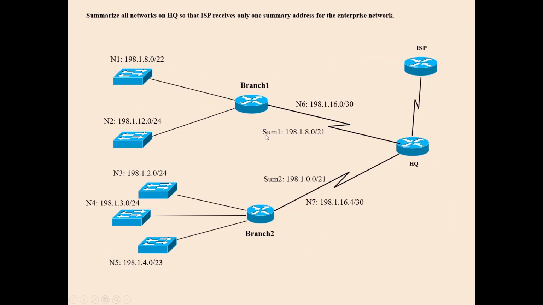Let's look at the summarization on HQ. HQ receives 2 summaries, one from branch 1, sum 1. That's 198.1.8.0/21. And the second summary from branch 2. And also the 2 serial links. The HQ needs to summarize those 2 summaries along with the 2 serial link networks, N6 and N7.